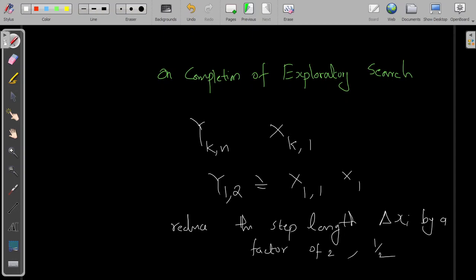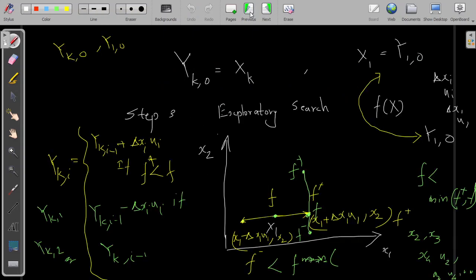Then again we will set i equal to 1, and we will again repeat the whole procedure. That is, we will repeat from step 3 onwards.